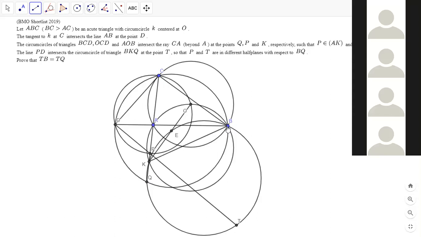So yeah, I think what Khosrow was saying is, can we show TQEB is harmonic?